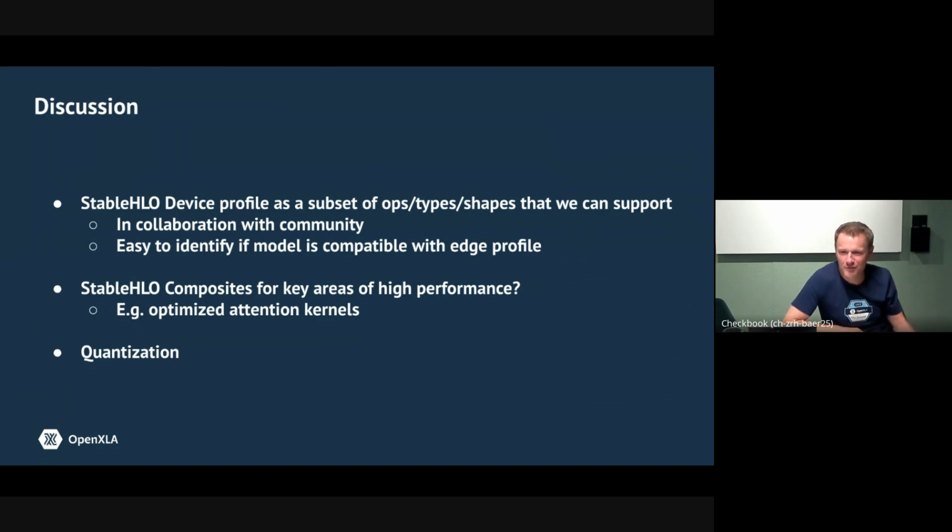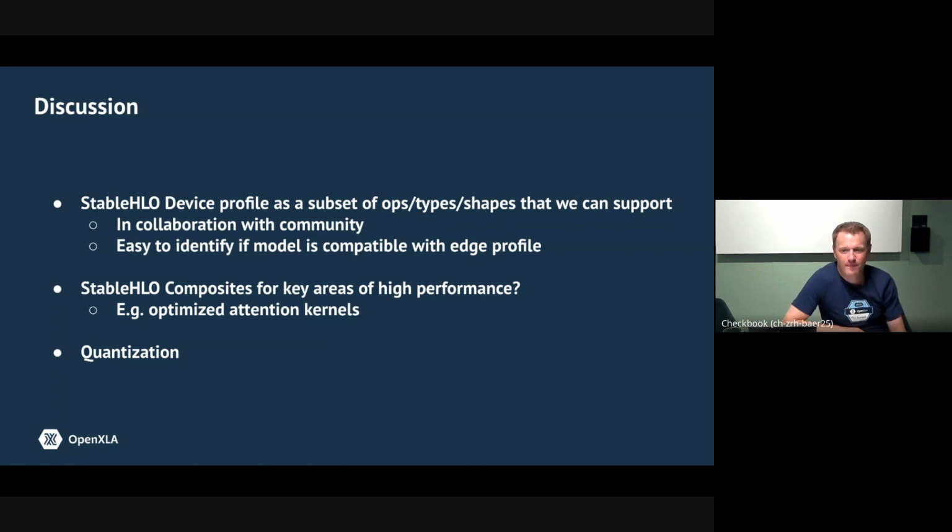I guess in the fullness of time, once our thoughts are more evolved, we can potentially write an RFC for this. But one of the things we're wondering about is, would it be interesting to have something like an on-device profile as part of StableHLO that would define a set of ops that an edge inference focused backend should support?